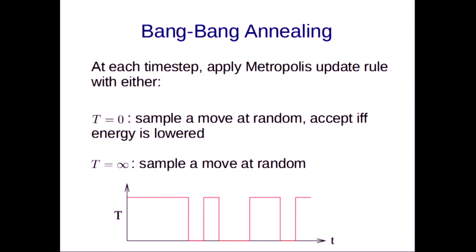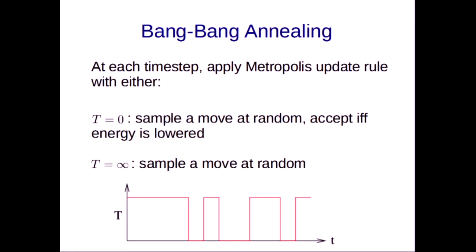So we looked at the bang-bang version of simulated annealing, applying this kind of Pontryagin principle to the simulated annealing algorithm on this problem. In general, what bang-bang simulated annealing would be is that each time you either do standard simulated annealing updates at 0 temperature or at infinite temperature.